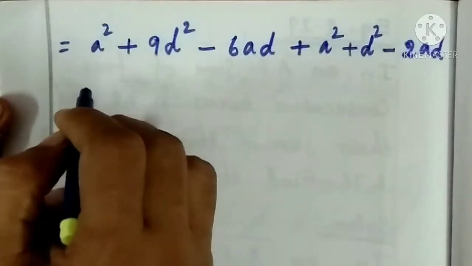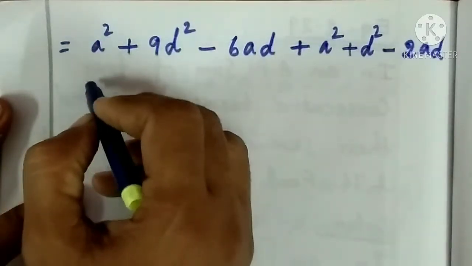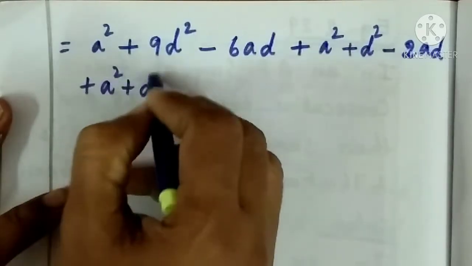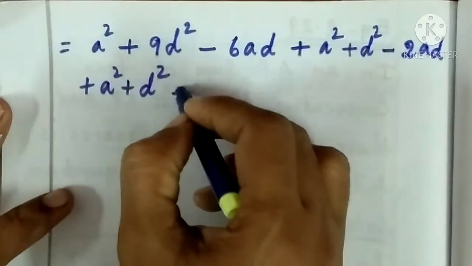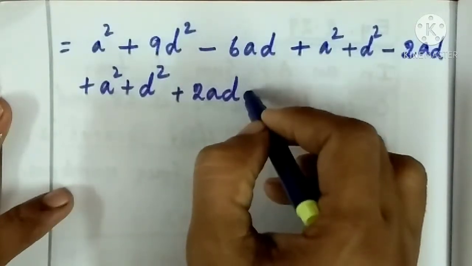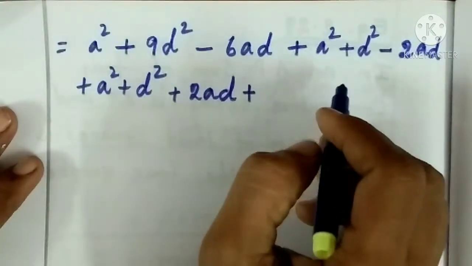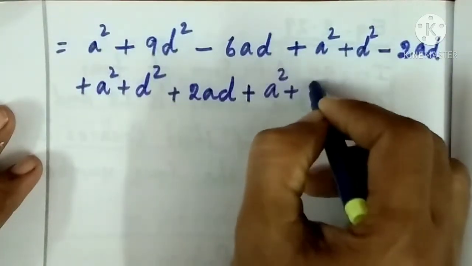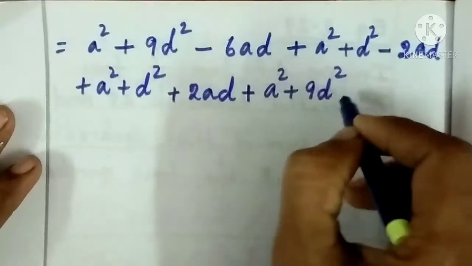Then a plus d the whole squared is a squared plus d squared plus 2ad. The next one, a plus 3d the whole squared, is a squared plus 9d squared plus 6ad.